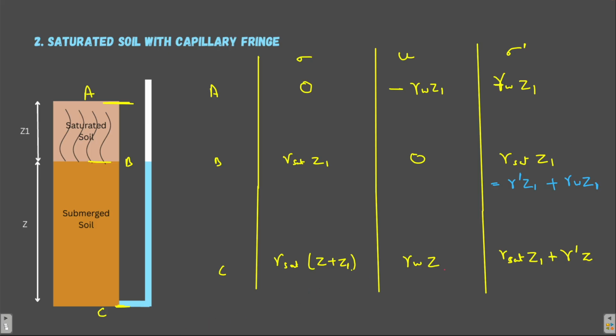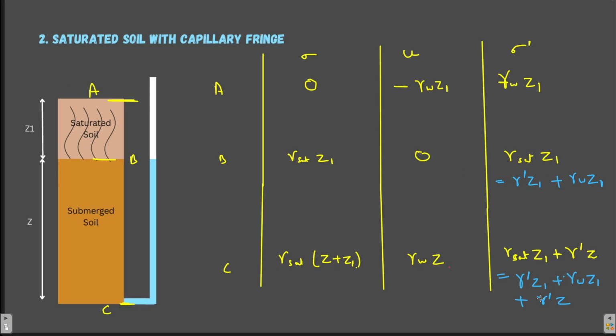So I'm just splitting gamma saturated into two parts: one is the submerged part and one is the unit weight of water. Now again, this gamma saturated also I'm splitting into two parts. First, gamma saturated I can write as gamma submerged into Z1 plus gamma W into Z1 plus gamma submerged into Z, isn't it?